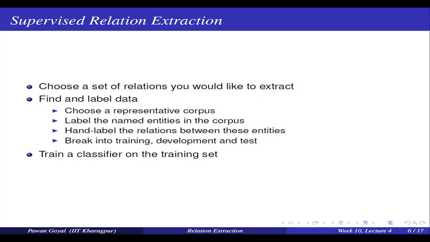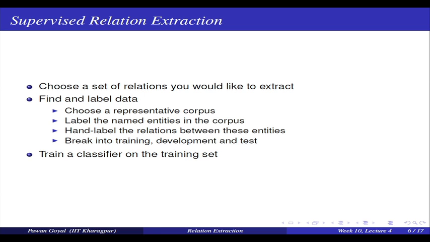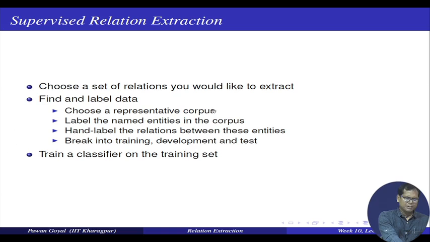Now, for each relation, you'll find data and label the data. So there should be some manual labeling involved. Somebody has to label the data that, okay, in this sentence, these entities are connected by this relation. So you will choose a representative corpus where you think there can be some instances of this relation. Now you will label the named entities in the corpus and hand label the relations between the entities.